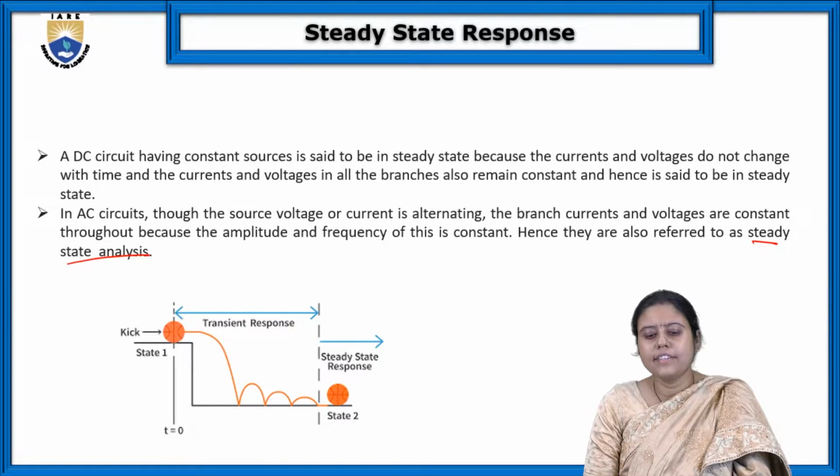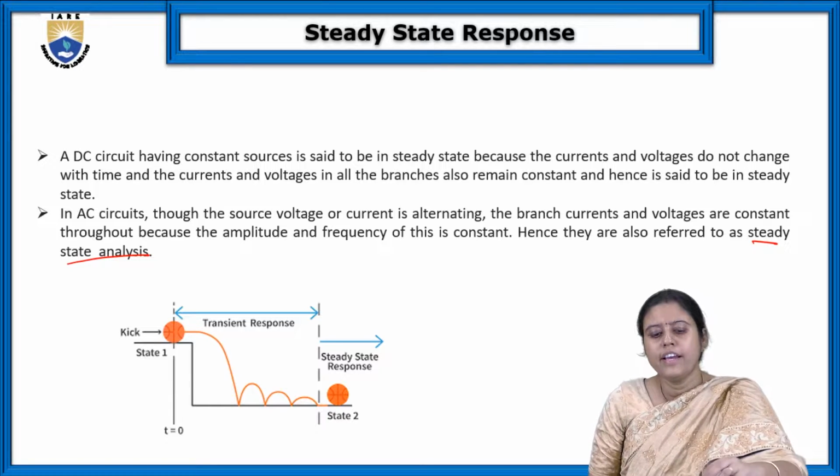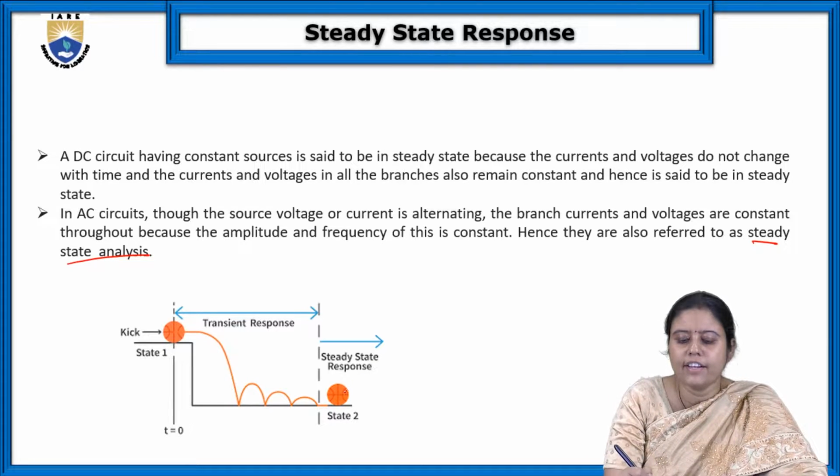So we can think about what the steady state condition is. Say we have a ball and a hole, and we give some force. This is state 1. So what is this condition? This is the steady state condition of the ball. Now the ball is falling and dropping.